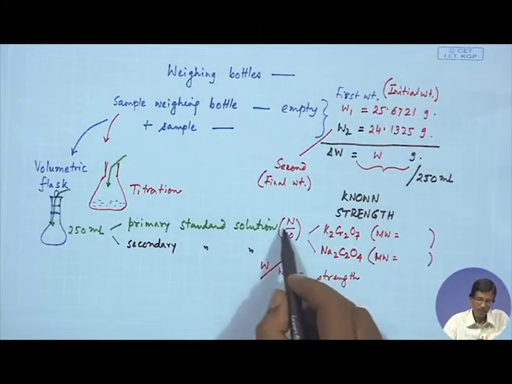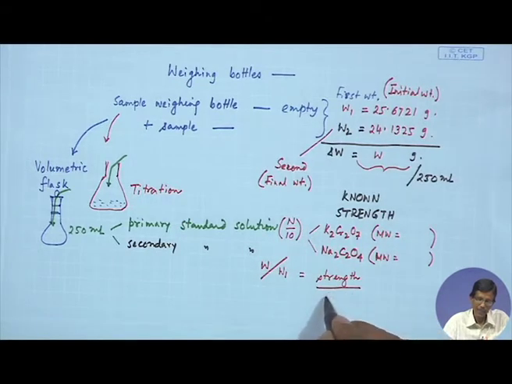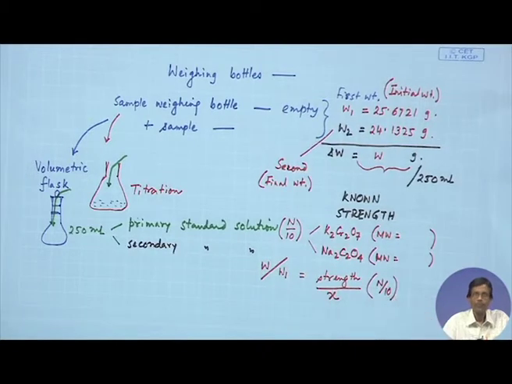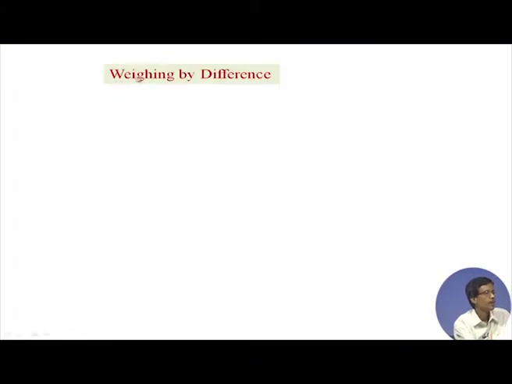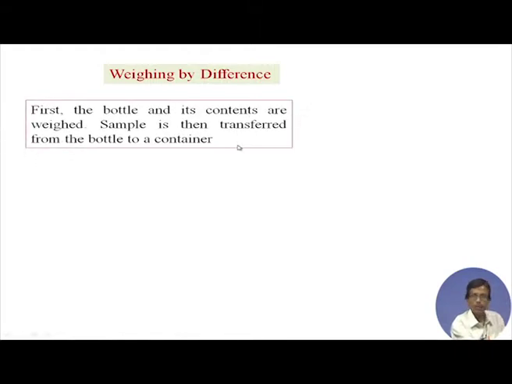So, if it is in the range of this N by 10, there will be a factor, we call it some factor x into N by 10. So, that is a very simple technique where we go for the sample preparation or solution preparation by difference. So, this difference basically tells us something where we get first the bottle and its contents, what I just now told you.